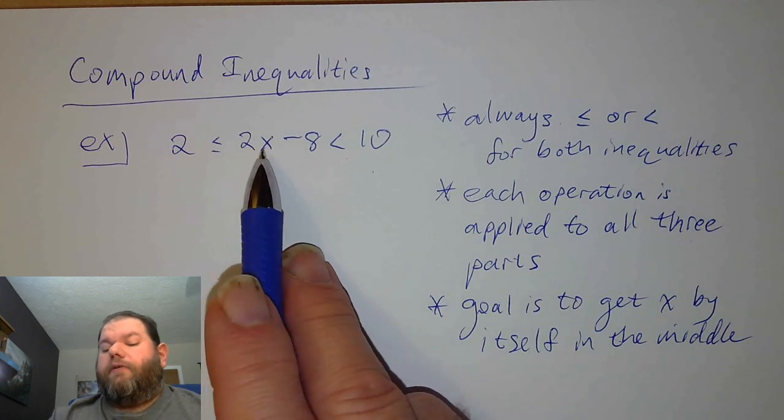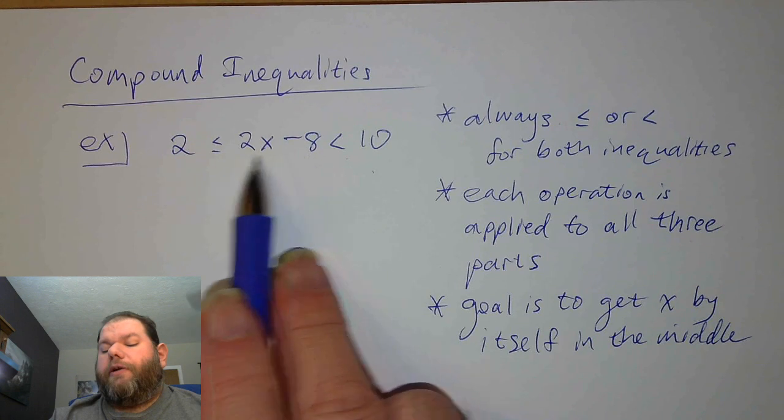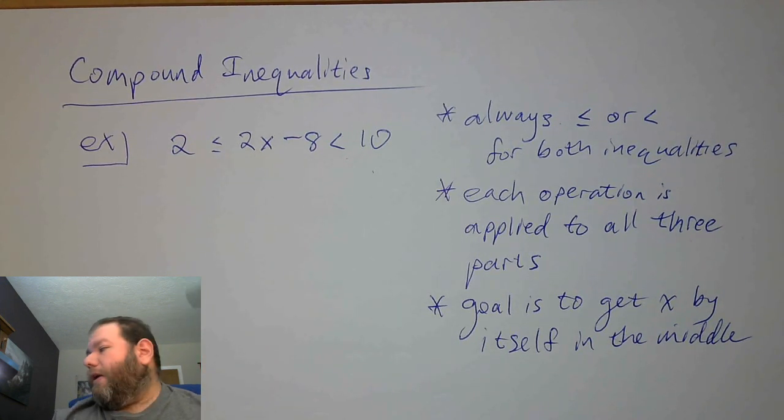So the goal is to get this term 2x minus 8 to turn it into simply x.